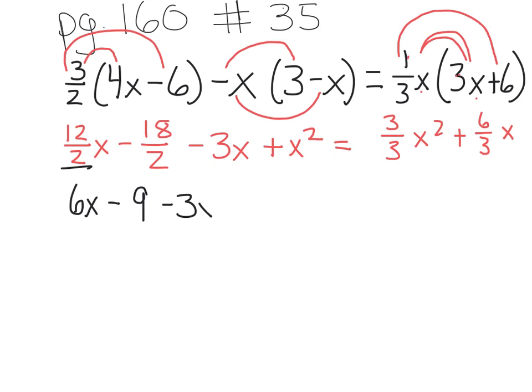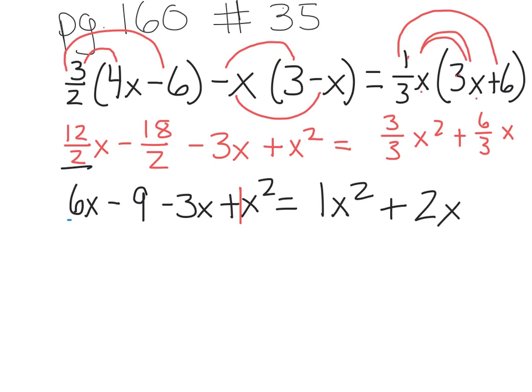I have minus 3x plus x squared equals 3 over 3 is going to be 1 x squared, and then I have plus 6 over 3 is a 2x. Okay. Now if you want to, you can go ahead and slide a 1 in front of this x squared. You don't have to. I'm going to do that to help me finish solve the problem.